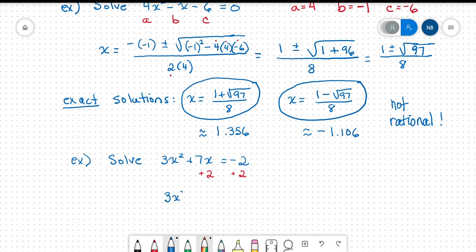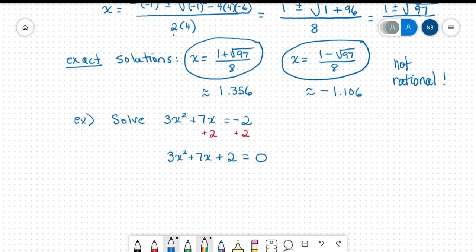So I get 3x squared plus 7x plus 2 equals negative 2 plus 2 is 0. Notice you can't combine 7x and 2 because they're not like terms. All right, so A is 3, B is 7, and C is 2.